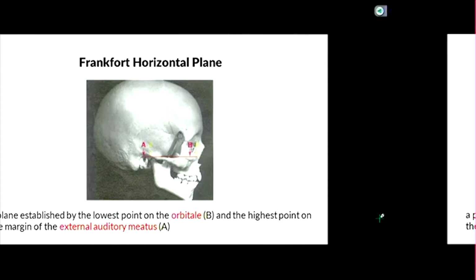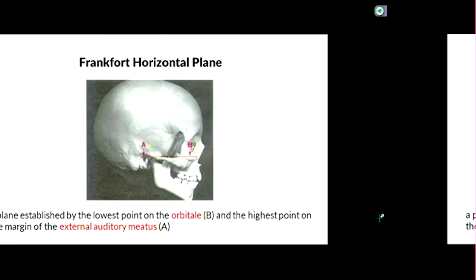They pick two points, the orbitale and the external auditory meatus. They draw a line between those two points, and we assume that that line is relatively parallel to the floor. So we're going to say that that is parallel to our horizon.